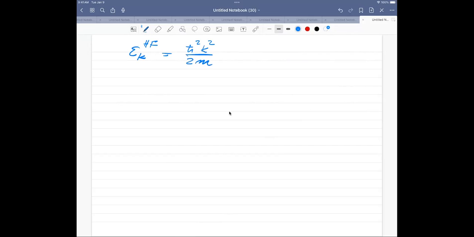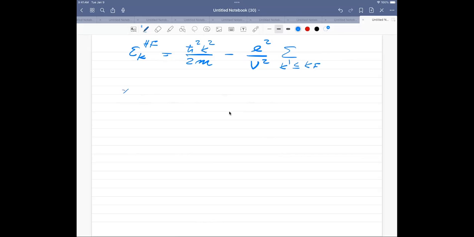That's the kinetic energy. And then I have the so-called Fock term. So I have a v squared because I have an interaction squared. And then I have a sum over k prime less than or equal to k_F.